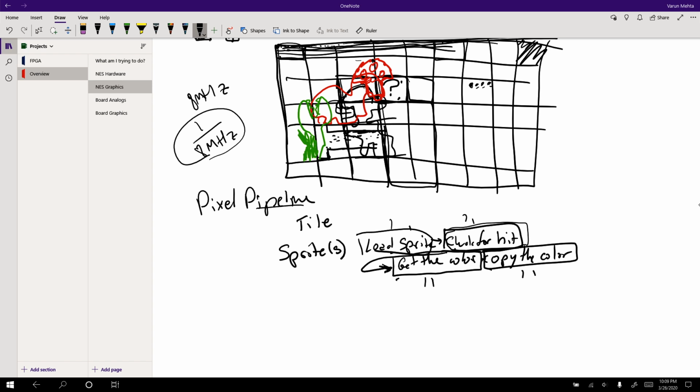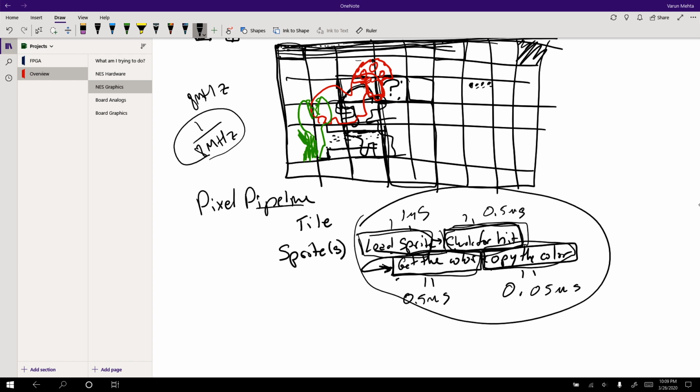As long as you can be sure that each of these calculations can be done within a certain fraction of time, then what you can do is say, let me take the longest one. So if this one takes 1 microsecond, if this one takes 0.5 microseconds, if this one takes 0.5 microseconds, and this is 0.05 microseconds, well, if I had to do them all in one clock cycle, then this whole thing would take the sum of it, which is 2.05 microseconds.